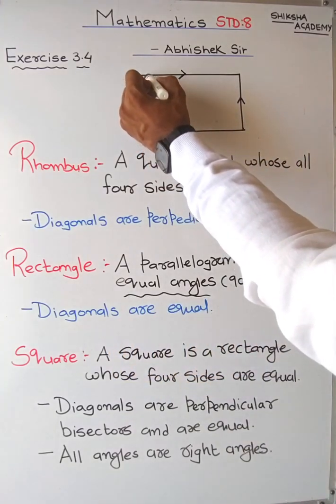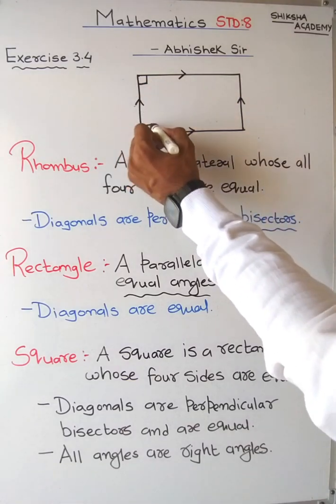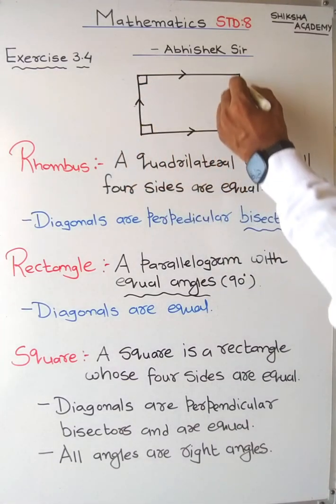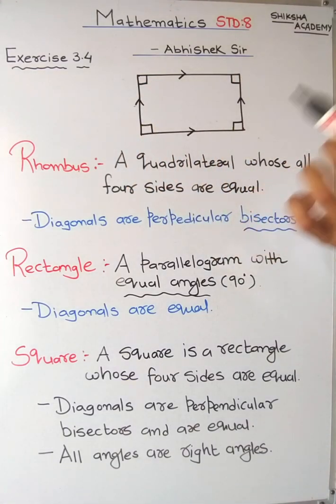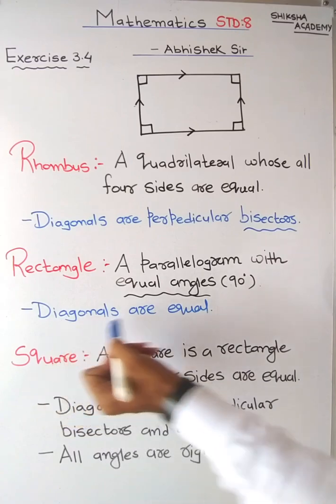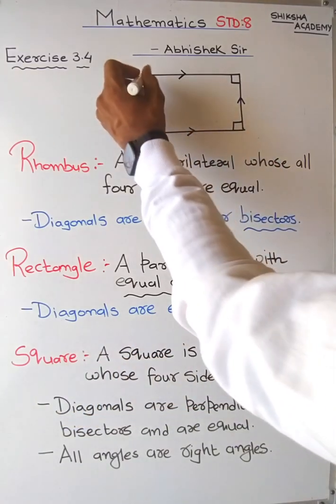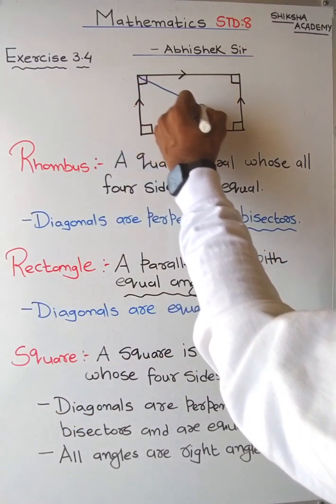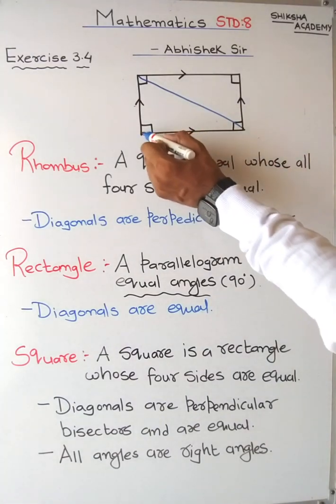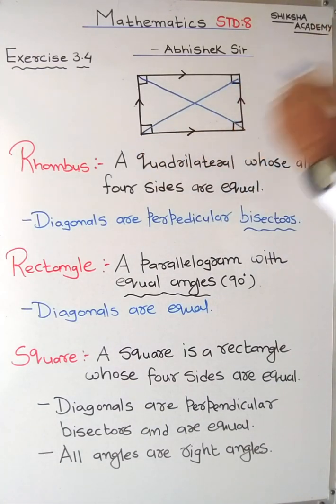That is why you see that all four angles are equal. Talking about its property that the diagonals are equal: if you draw the diagonals, this is diagonal number 1, this is diagonal number 2, and they both are equal. Clear? So this is all about the rectangle.